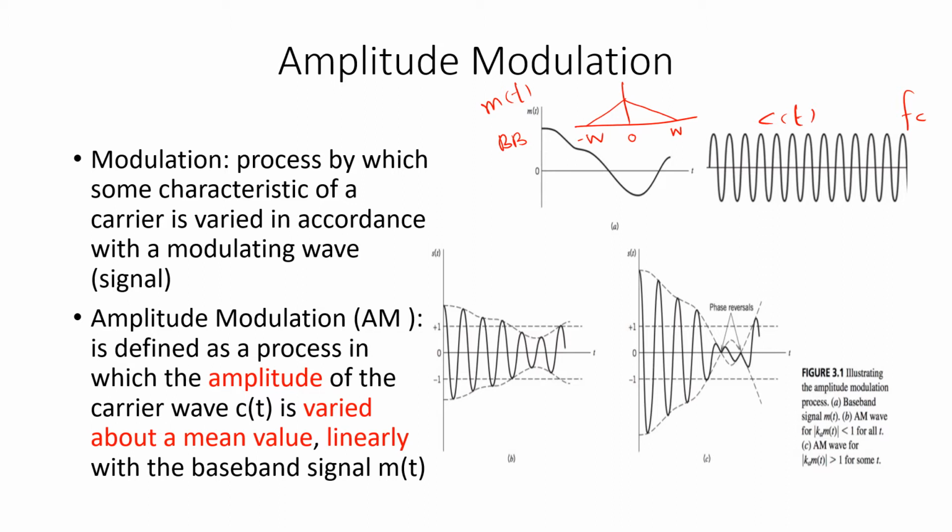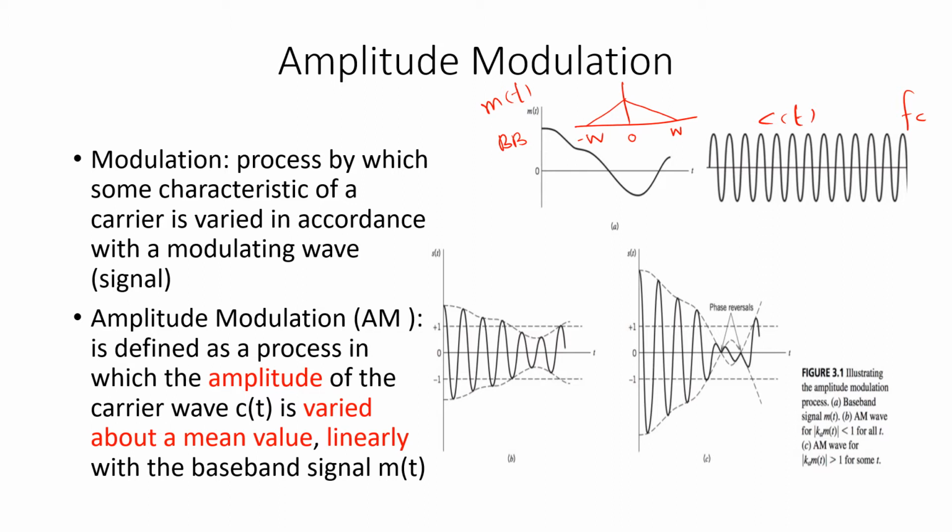And as per the definition, the amplitude of the carrier wave should vary linearly in accordance with the message signal. When I say linearly, it is obvious that the amplitude should not vary proportional to the square of the message signal or any other power of the message signal. It should vary proportional to the message signal, linearly.